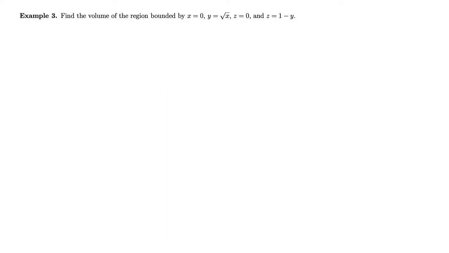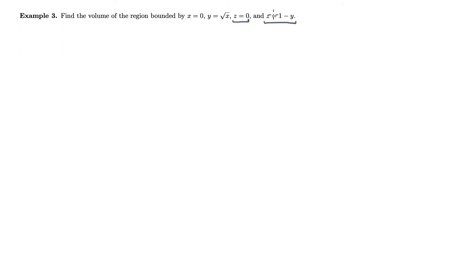Okay, so we want to find the volume of the region bounded by these surfaces. And so here we just want to set up the triple integral and integrate the function 1. But the key is to set up the triple integral with the limits correctly. What we want to notice here is that this region is bounded between two functions of x and y, or two curves in the z direction.